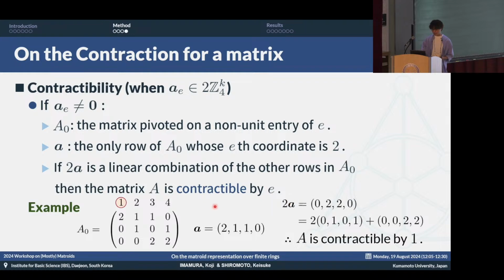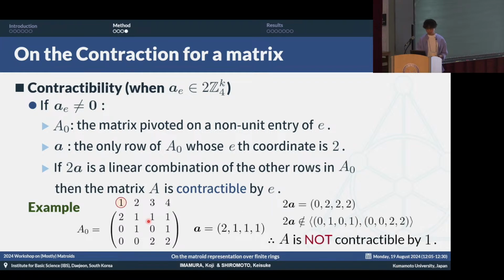So let's take this matrix as A0 and consider the contraction by 1. In this case, the row vector a is 2, 1, 1, 0, and multiplied by 2 results in 0, 2, 2, 0. And this can be expressed as a linear combination of the second row and third row. So in this case, we say that A is contractible by 1.